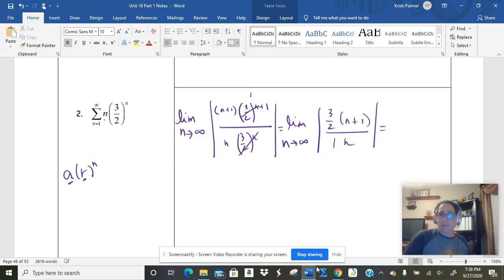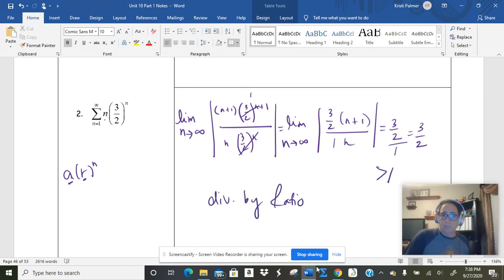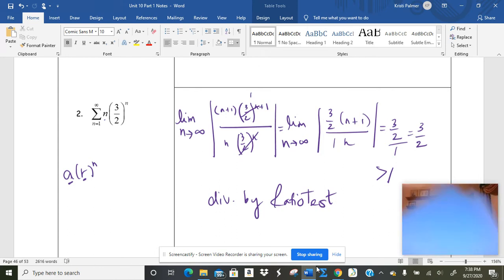So that's 3/2 and that's 1. So this would be just 3/2 over 1, which is 3/2. This is definitely greater than 1, so this diverges by the ratio test. So not too bad. I think it's fun to simplify these personally.